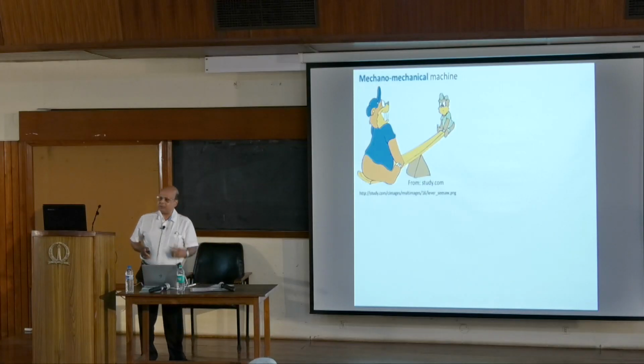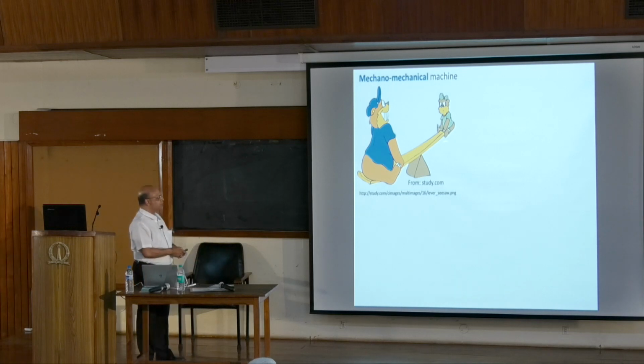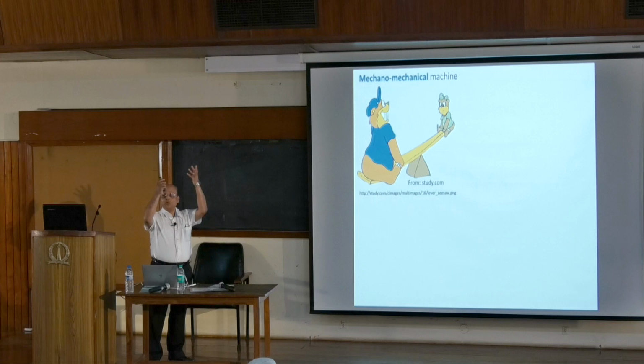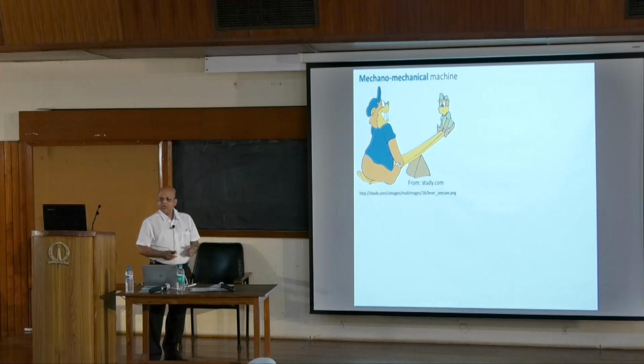So what is the basic principle? The basic principle is very simple. There is a process which on its own will not go through. For example, if this is sitting on this particular plank, on its own it will not go up. However, when this comes down, this goes up. So they are always coupled processes.